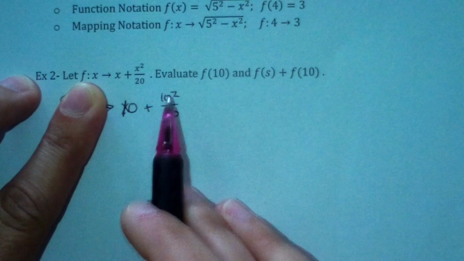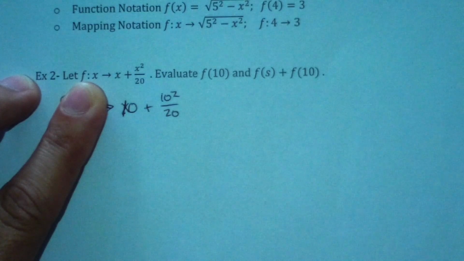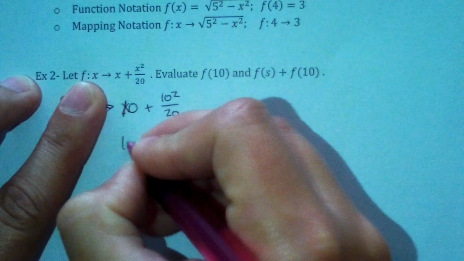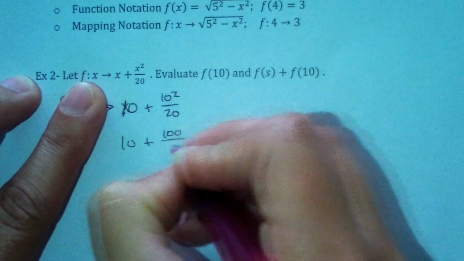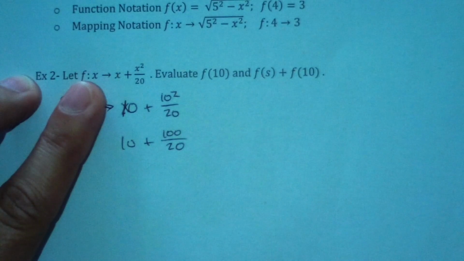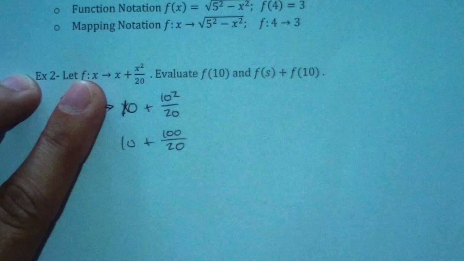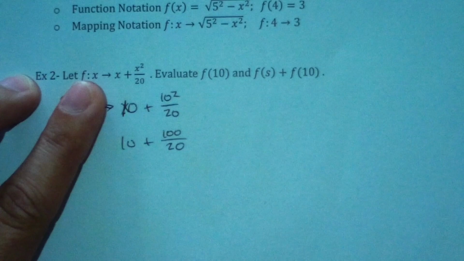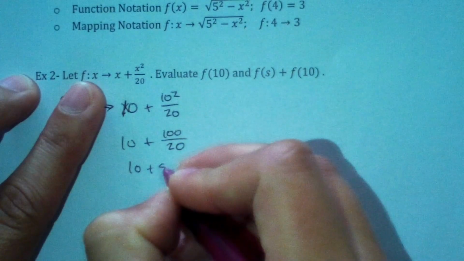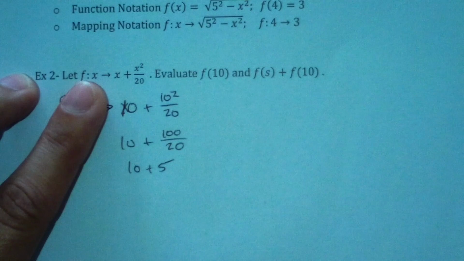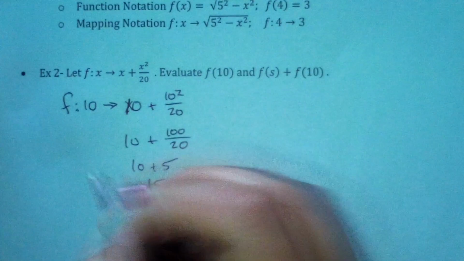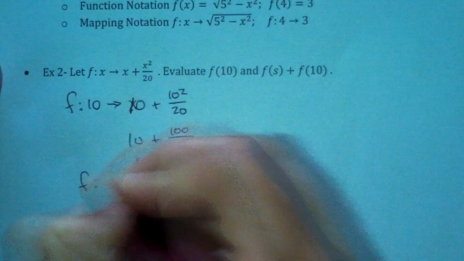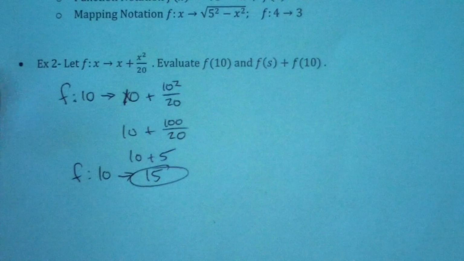So you're going to go f, then that colon, this time plugging in an s to that spot, then the arrow, s again is getting plugged in, plus s squared over 20. Now with that, is there anything that we can actually solve out there? No, there's not, because this is an s, that's an s squared, so we can't add them together. That one's over 20, that one's not over anything, so we can't do anything with that. That's as good as we can get there. It's just going to stay like that.